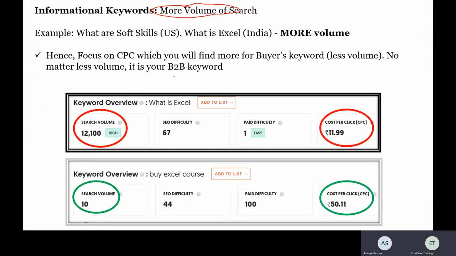It is not sure whether the person will take a course or look for training. He or she must be checking what exactly Excel is. Maybe he saw somebody studying Excel, or came to know of a course in Excel in a college somewhere. Whatever it is, it is just asking what is Excel. Very basic information about Excel. So the search volume is high, and you can see the CPC is less, 11 rupees.